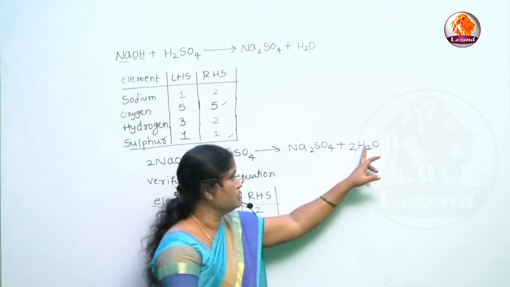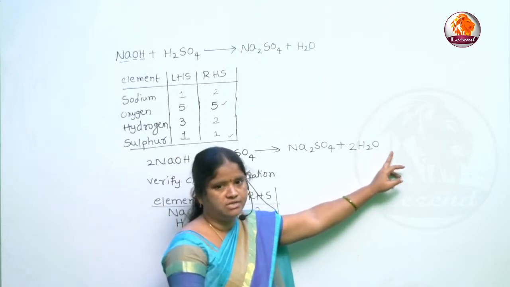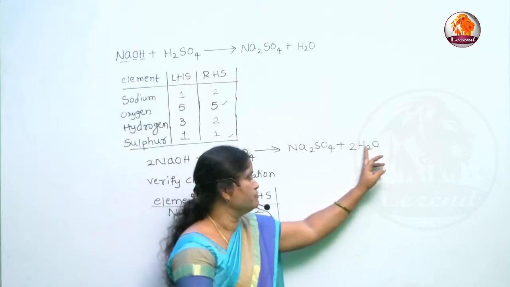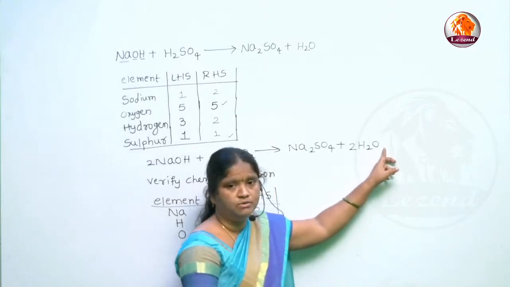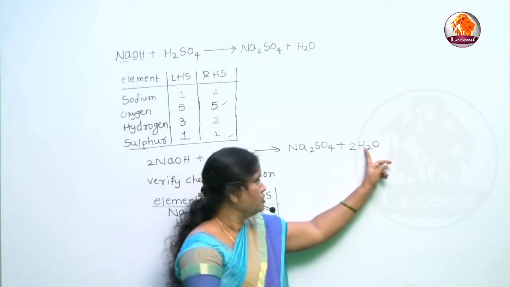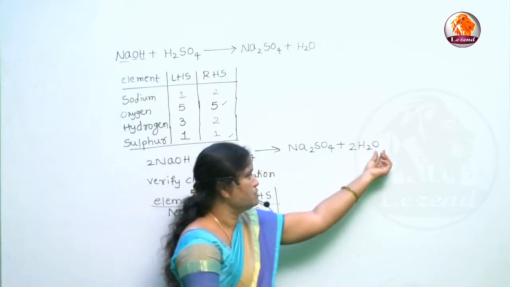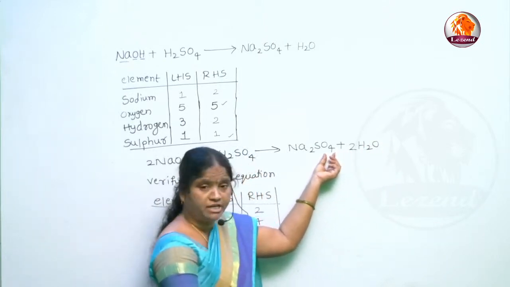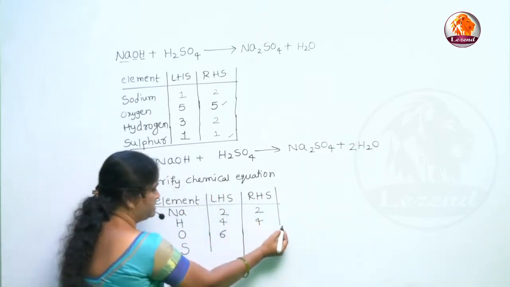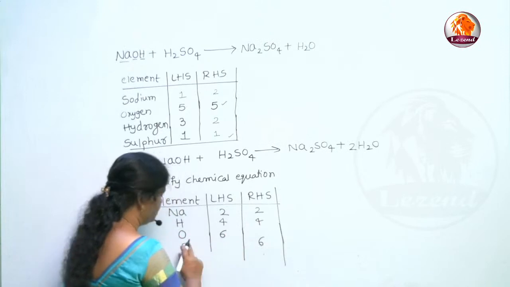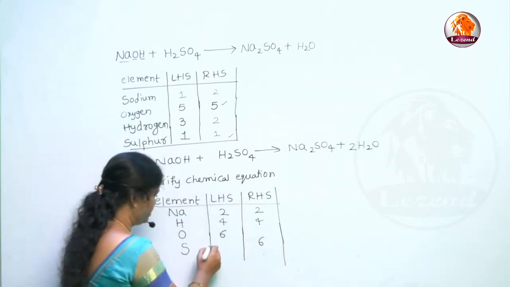This 2 belongs not only to the hydrogen atom, it also belongs to the oxygen atom in the water molecule. 2 2s are 4 hydrogens, and here there is no subscript. What can we understand? Only one atom of oxygen. 2 1s are 2 oxygen atoms in the water molecule. These 2 oxygen atoms plus in sodium sulfate 4 oxygen atoms. 4 plus 2, how many oxygen atoms now at the product side? 6. Okay, now the oxygen atoms are also balanced on both sides of the given chemical equation.